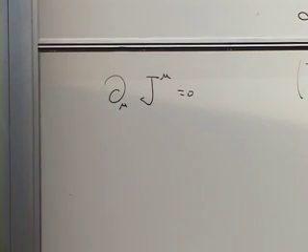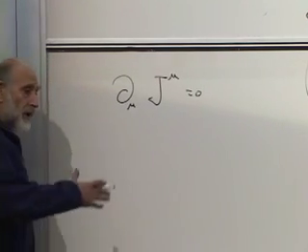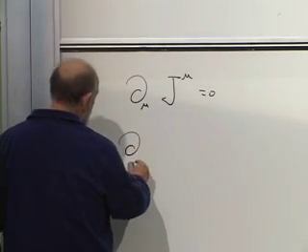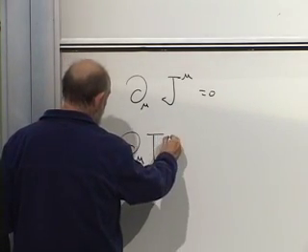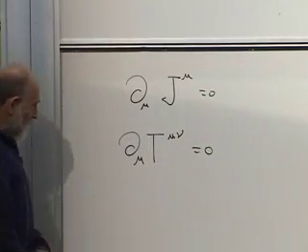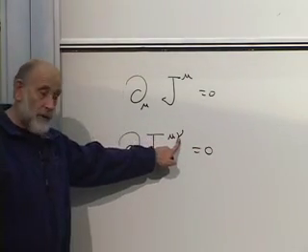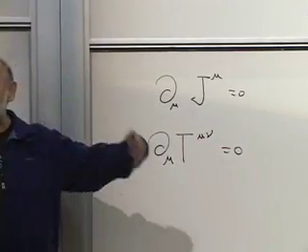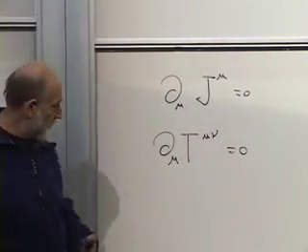Also in special relativity, there's a conservation of energy and momentum. Each component of the energy and the momentum are conserved, and that became the equation d mu of T mu nu is equal to 0. Nu here tells you whether you're talking about energy and momentum. Mu tells you whether you're talking about the density or the flow.